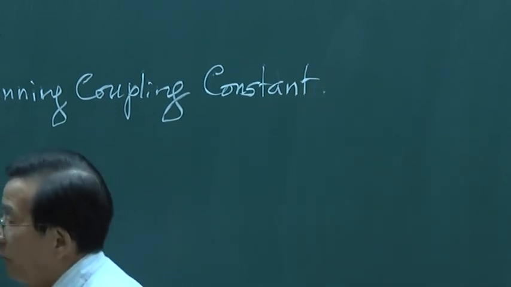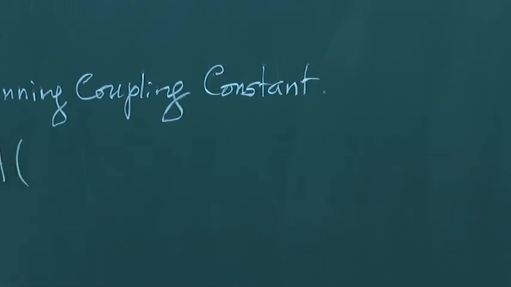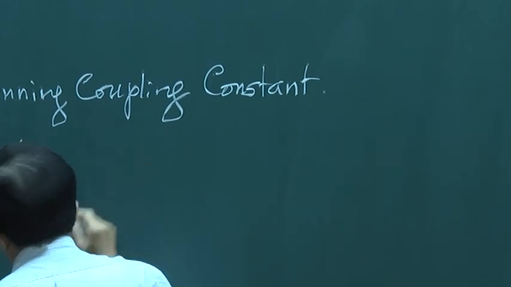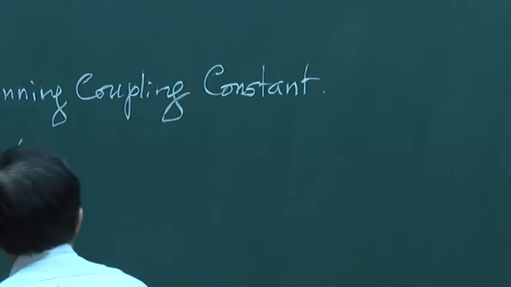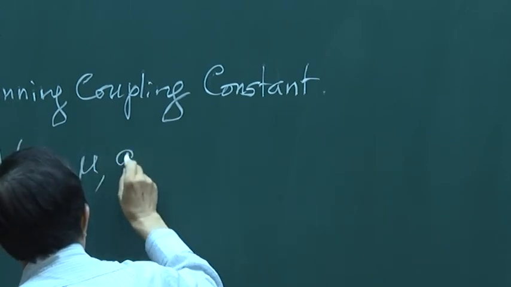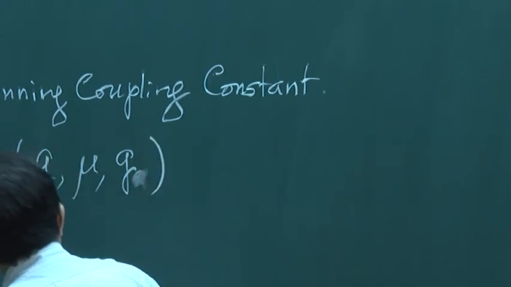So any physical amplitude or Green's function will have dependence on the momentum Q, and this is a renormalized amplitude, and then there's a mu, and then the G. Okay, this is the renormalized G. So let me explain to you.